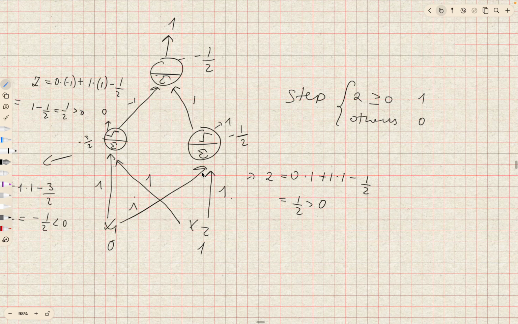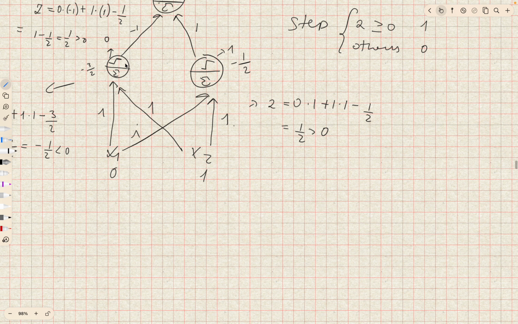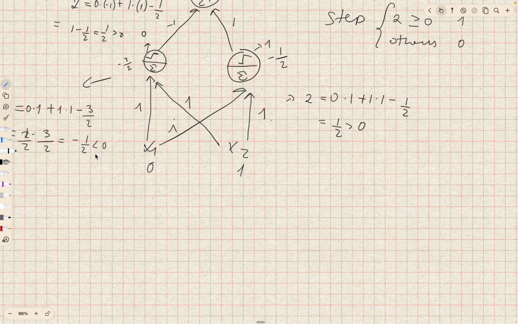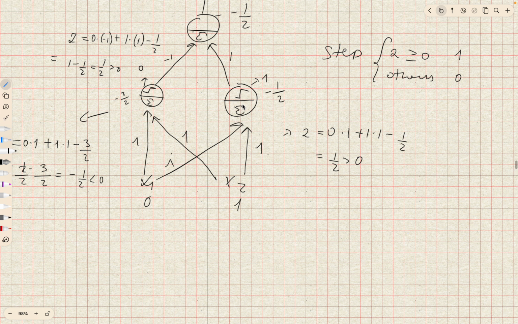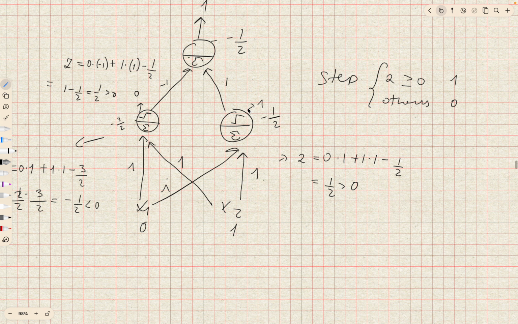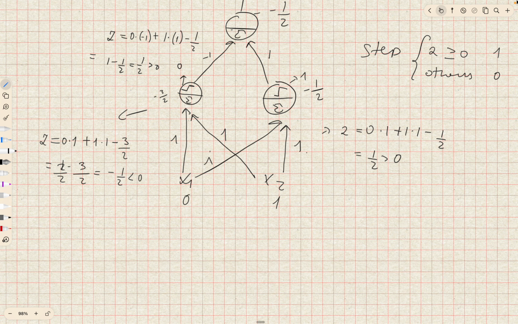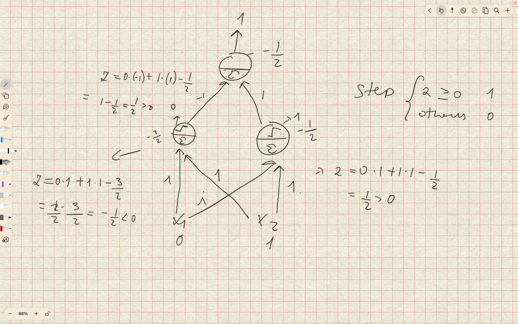So for 0, 1, the lower left neuron computes minus 1 over 2, which is negative, so it outputs 0. Okay, this one is correct. What about this one? The lower right neuron computes 0 multiplied by 1 plus 1, so it outputs 1. Okay, that's correct.